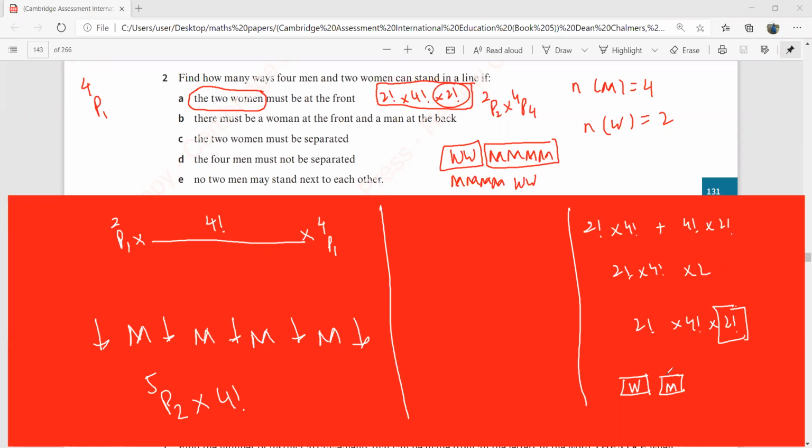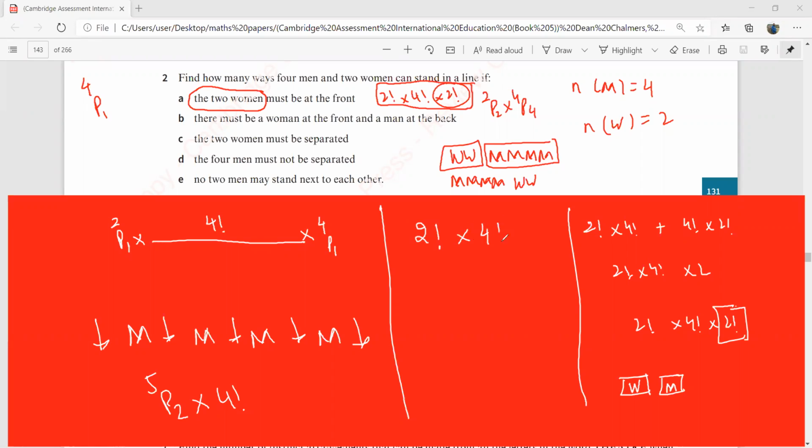So 2 factorial into 4 factorial into 5 factorial. No, no. You were very close. 2 factorial times 4 factorial times 2 factorial. Again, look at this. If 2 factorial into 5 factorial, yeah, that is the answer.